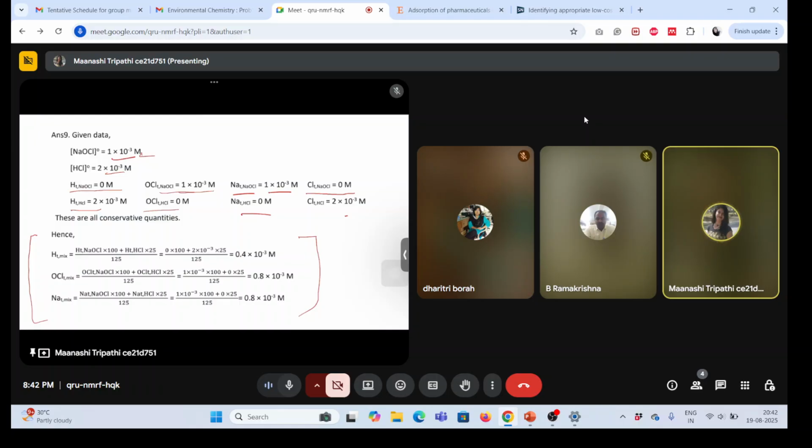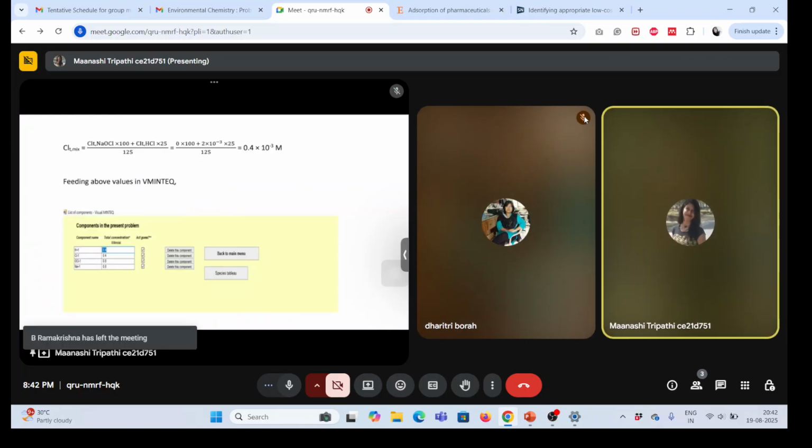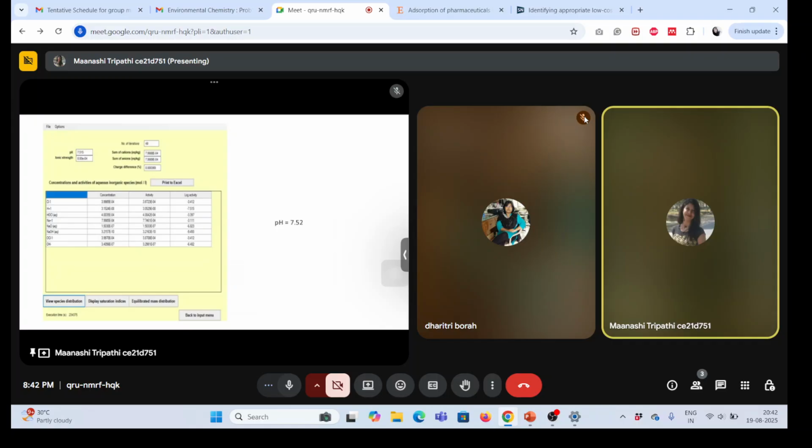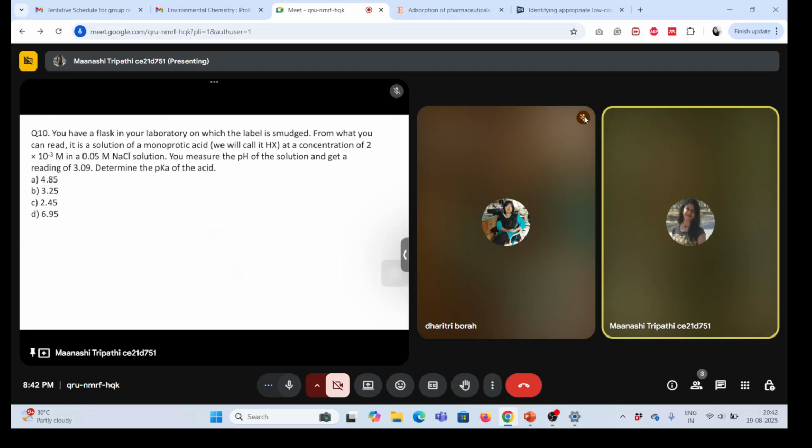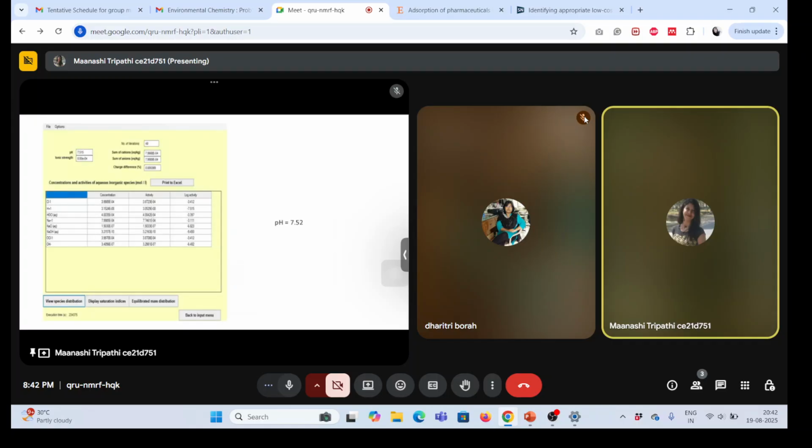Just put these values all in Visual MINTEQ and you will get the result. And you will get the pH.